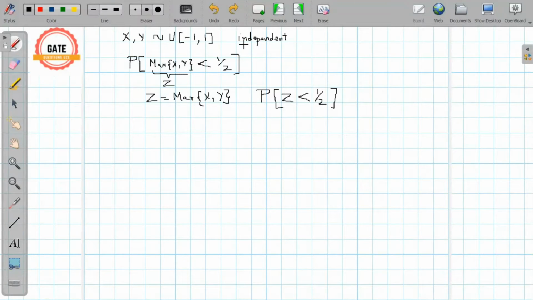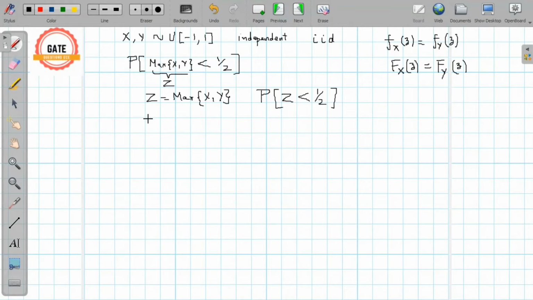You can observe here that x and y are independent and also they are identically distributed. So this is a case of i.i.d. random variables, independent and identically distributed random variables. So in the case of i.i.d. random variables, we know that the PDF of x for some sample value, say small z, will be equal to the PDF of y for the same sample value small z, and also the CDF of x for sample value small z will be equal to the CDF of y for the same sample value small z.